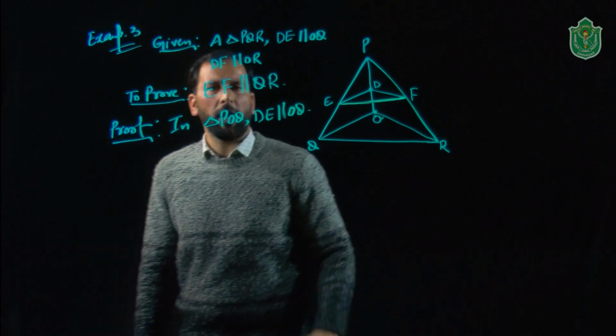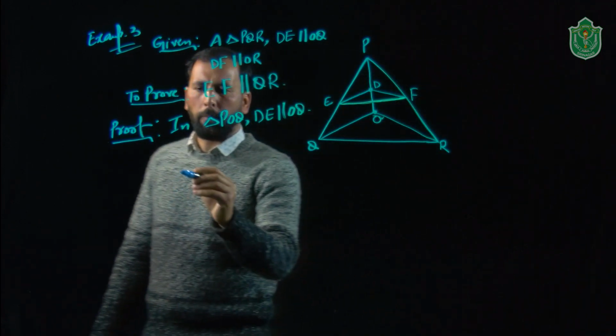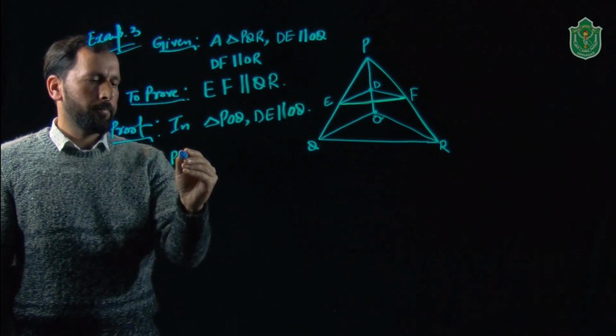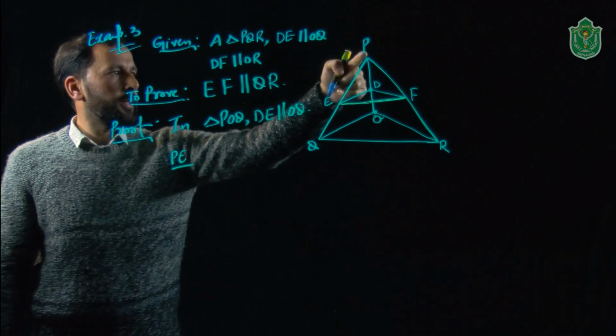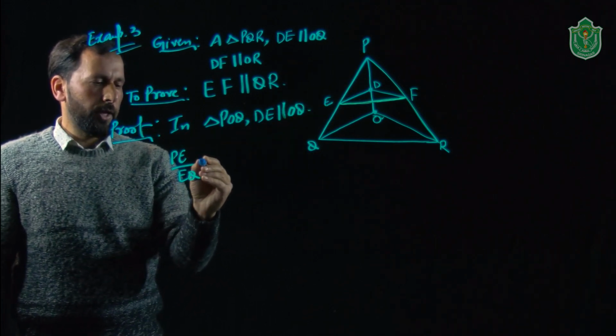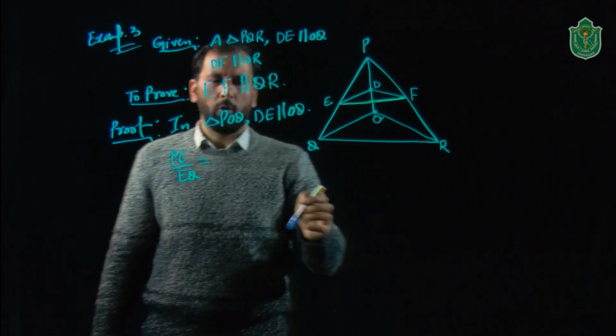So which theorem do we use here? Basic proportionality theorem. Excellent. So by basic proportionality theorem we can write PE by EQ is equal to PD by DO. Very good.